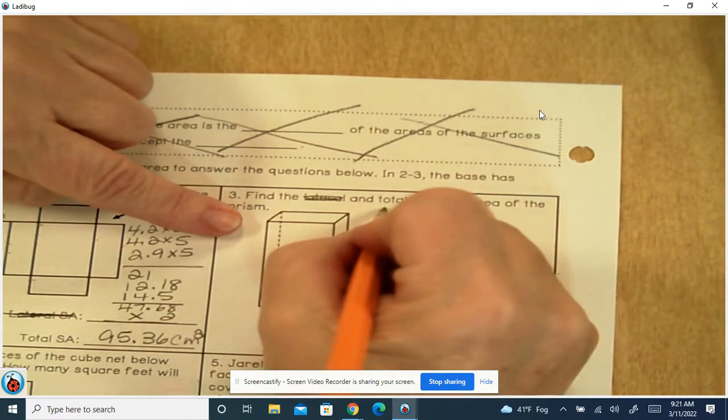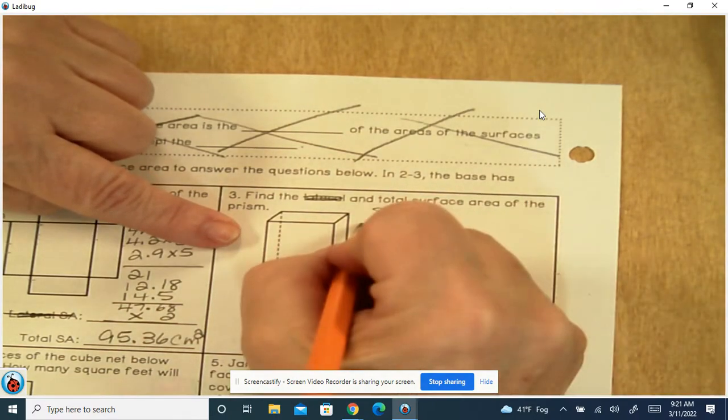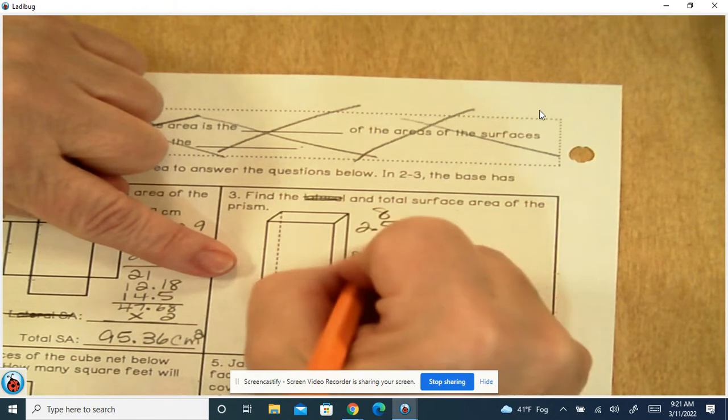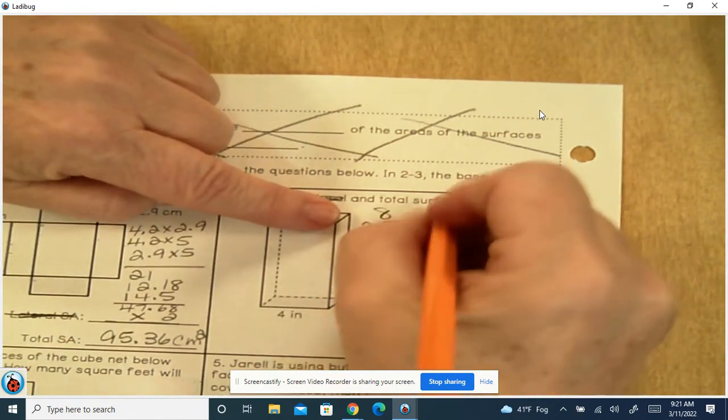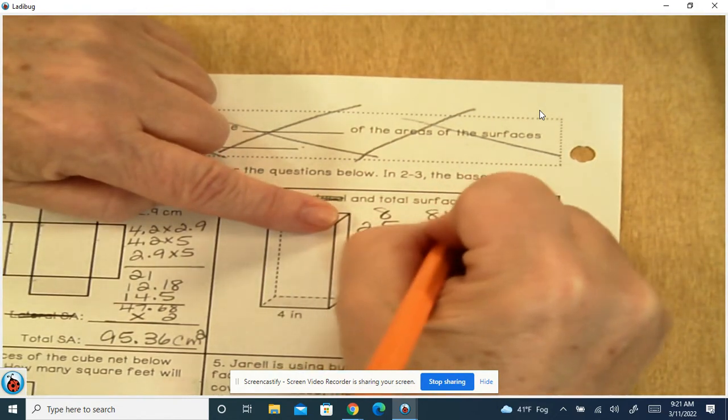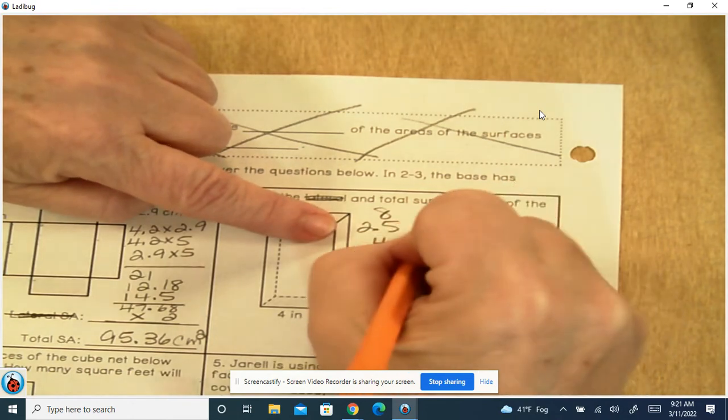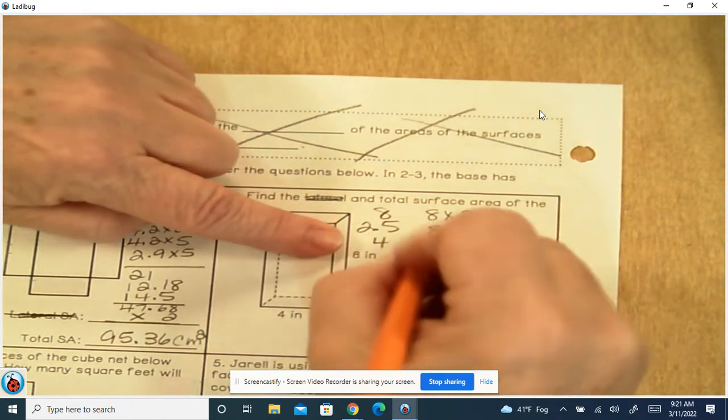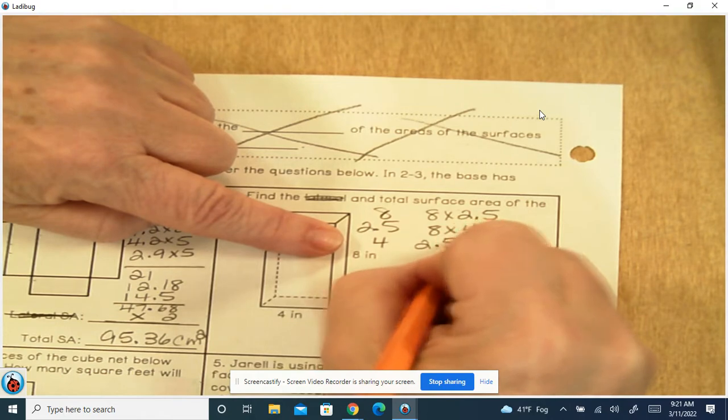All right. Over here we have 8, 2.5, and 4. We've got 8 times 2.5, 8 times 4, and 2.5 times 4.